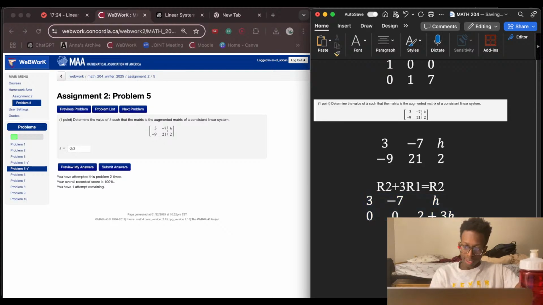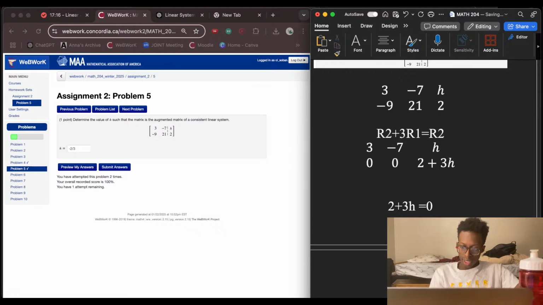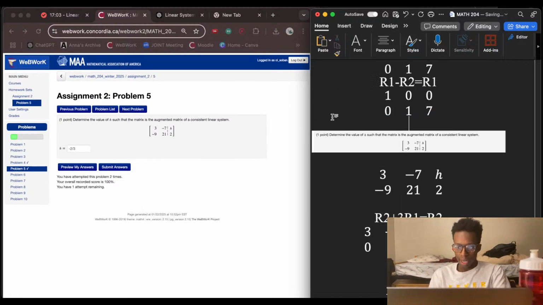So 2 plus 3h equals 0. Then you bring 2 to the other side, so 3h equals -2, then divide by 3, and you get h equals negative 2 over 3. That works with me.